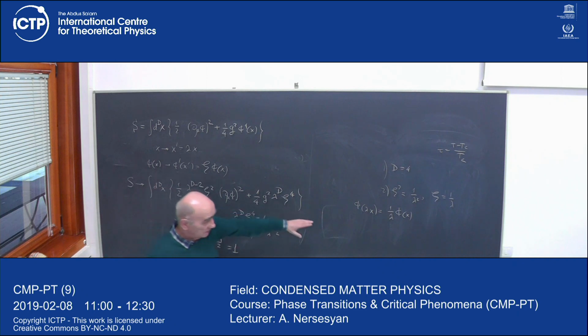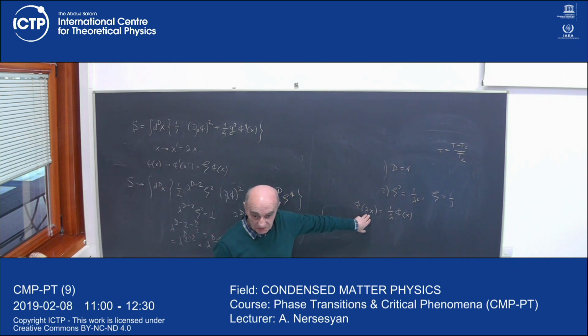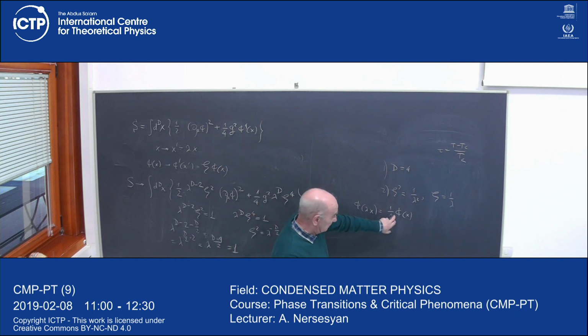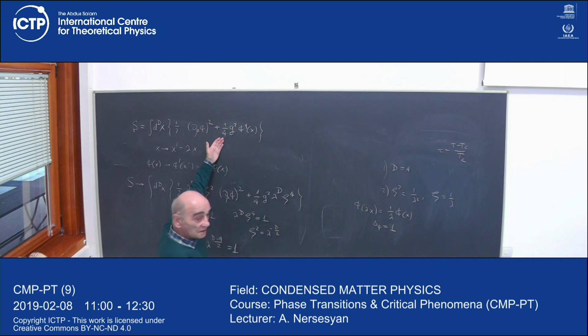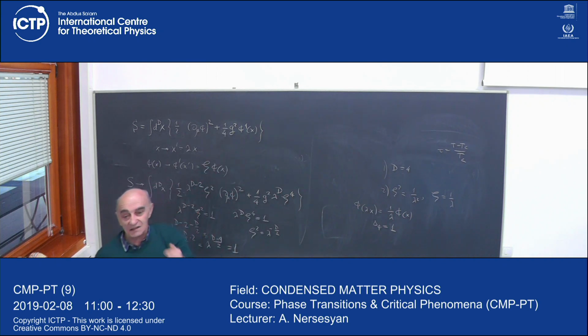But we remember, if we make a scale transformation with the field, what is written here gives us the scaling dimension of this field. So therefore we conclude that the scaling dimension of the field phi is 1. So, the action that you see here, number one, is scale invariant in 4 dimensions.